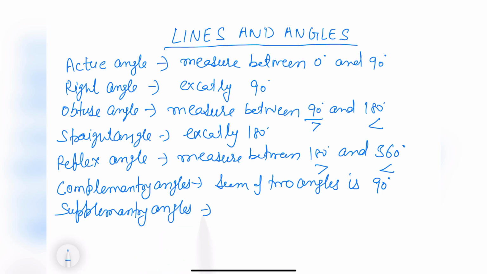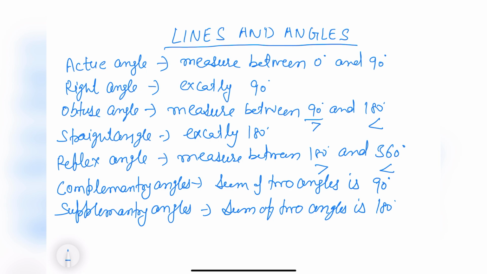Supplementary angles are those in which sum of two angles is 180 degree. That means when we have two angles, like we consider one angle as x, then its complementary angle is 90 minus x. Similarly, if we have one angle of x degree, its supplement angle will be 180 minus x.